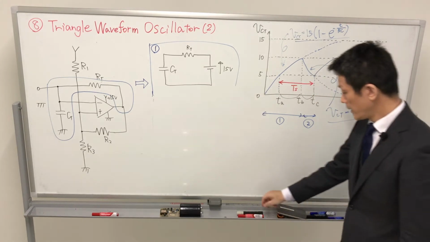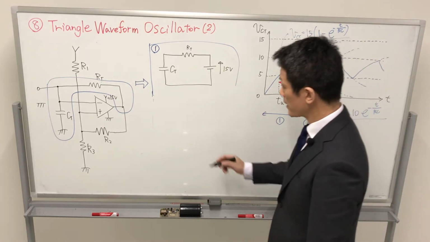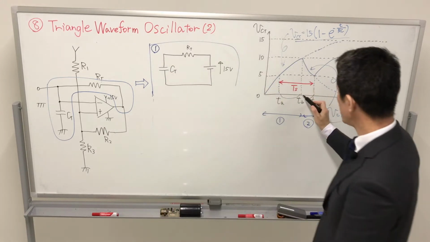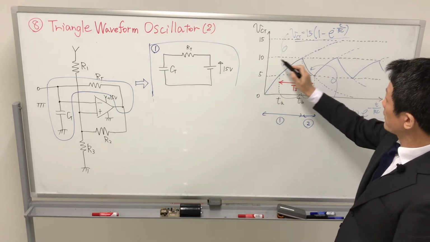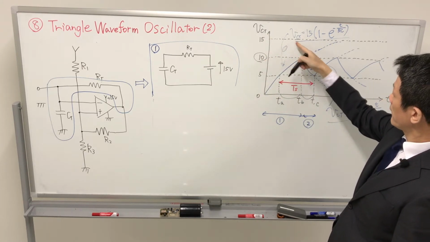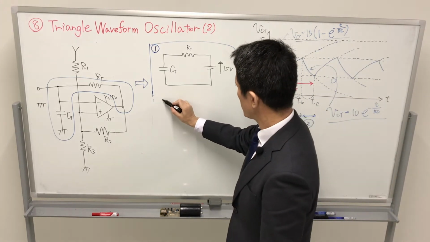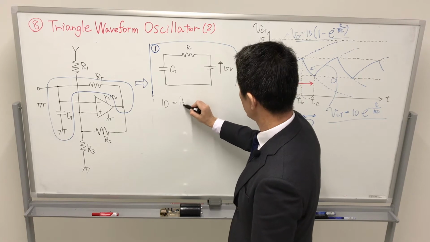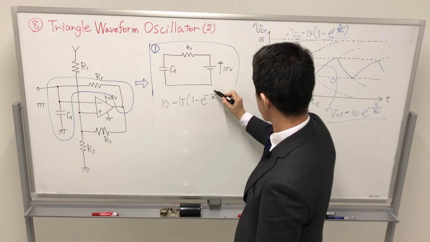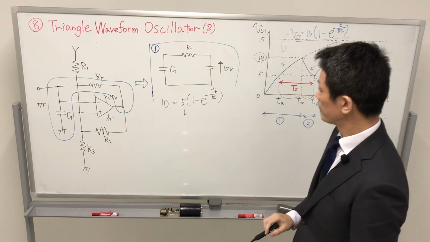First of all, we obtain TB. TB's value means 10 volts, so VCT equals 10, and the time is TB. So 10 equals this, and you can obtain TB. Very easy.